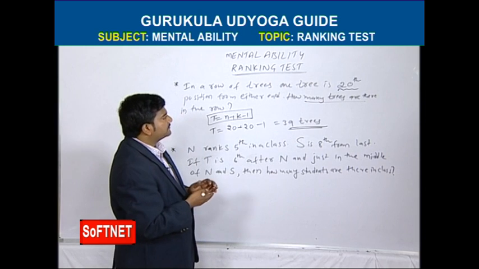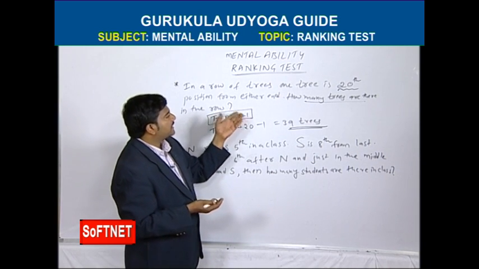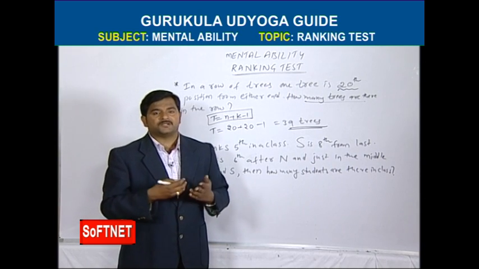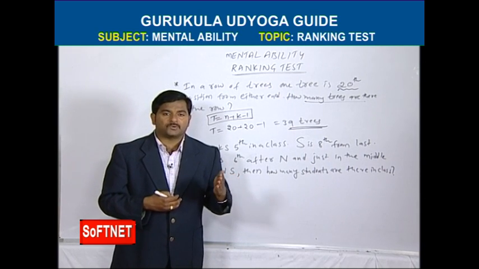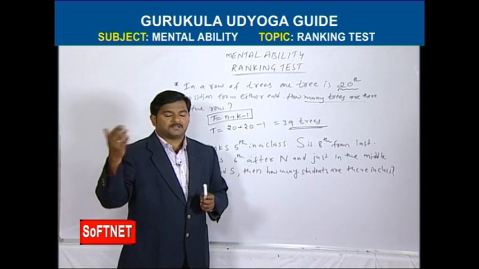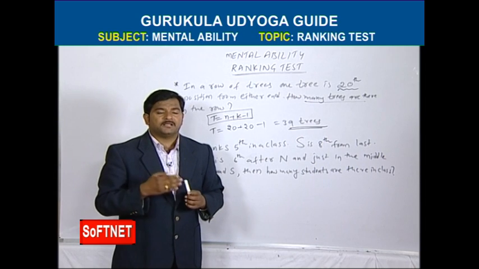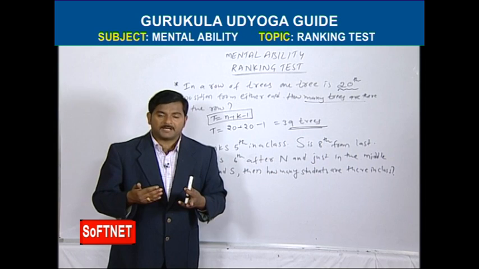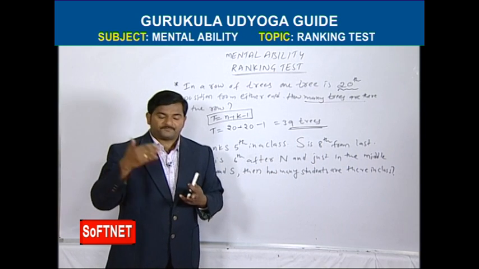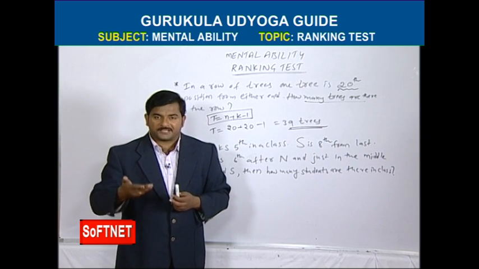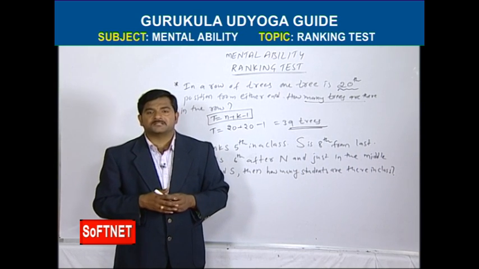Sometimes, instead of mentioning the words either end, he may give it like this also. For example, in a class, Raju ranks 20th from left, and his rank from right is 30th. How many students are there in that row?